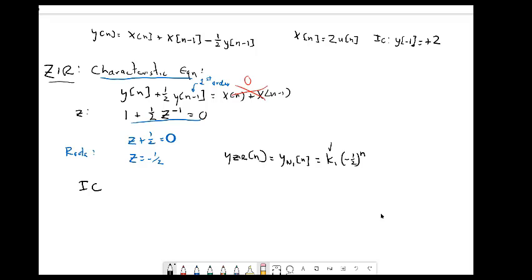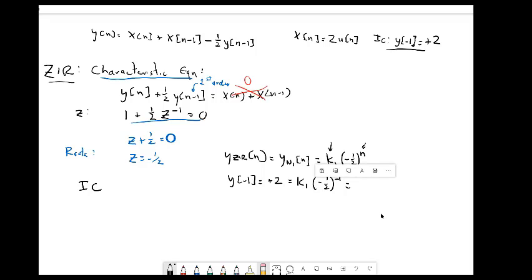We need to find what is k1. Well, we're going to use our initial condition for that. Our initial condition up here was that y at minus 1 was equal to plus 2. So we plug in minus 1 for n and get k1 times minus 1/2 to the minus 1 power has to be equal to that initial condition. And a fraction raised to the minus 1 power flips it over.